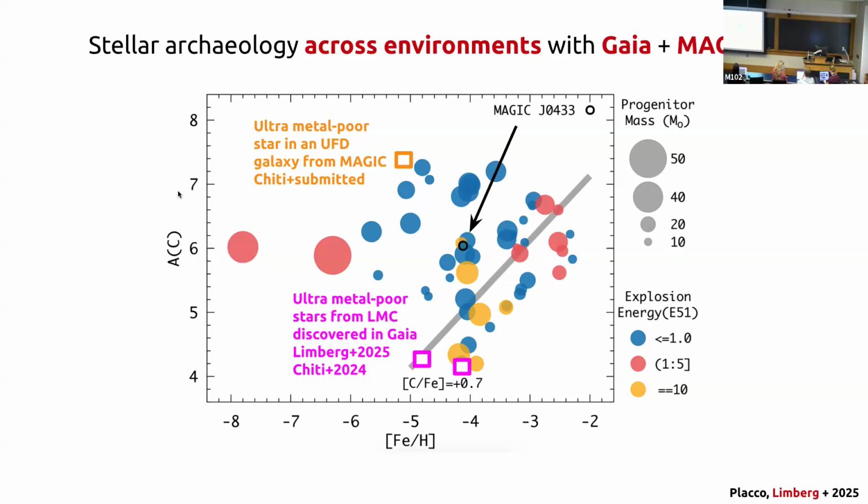So all of the material is just lost. It's just blown out of the galaxy. And then if you have a very low energy explosion, these tiny galaxies can actually retain the material that's produced by these low energy explosions.